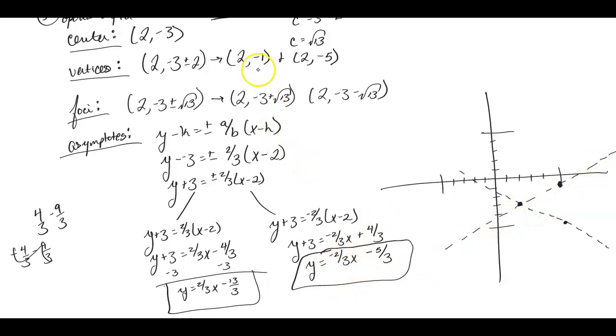So we've got the center. Now we need to find the vertices. The vertices are at 2, negative 1. So 2, negative 1, and then at 2, negative 5. And remember, this is going to ride the graph out to infinity, so a quick sketch is going to look something like this.